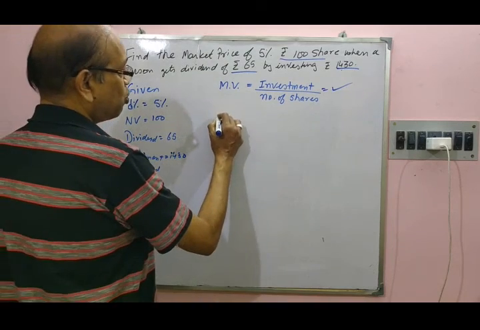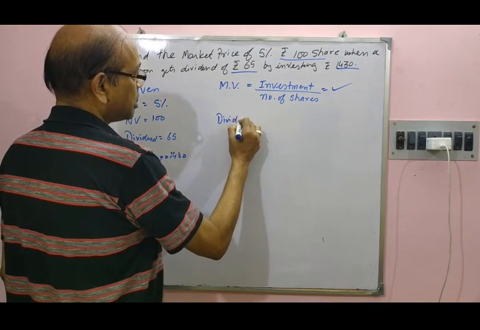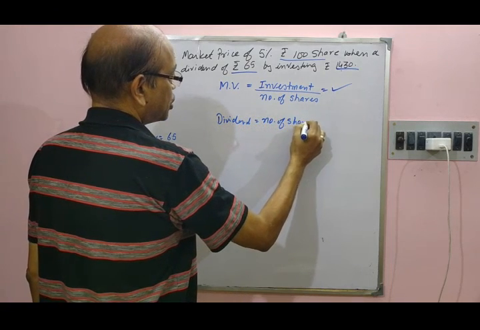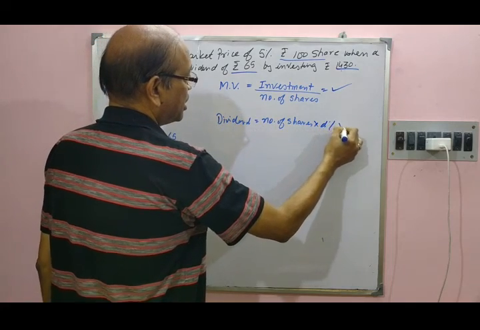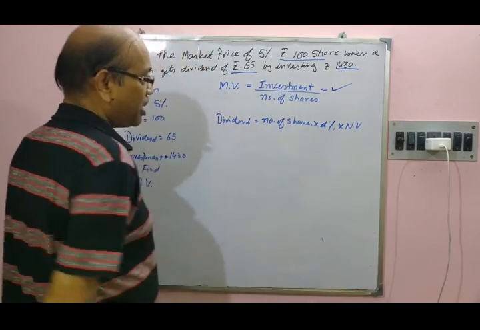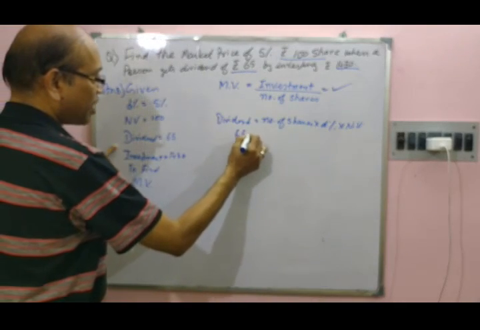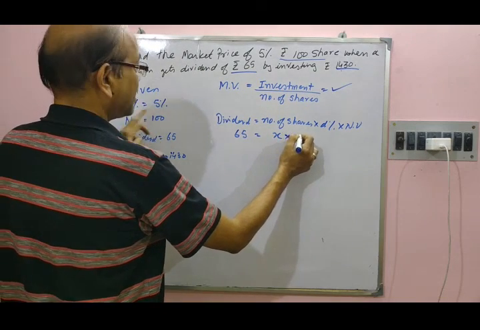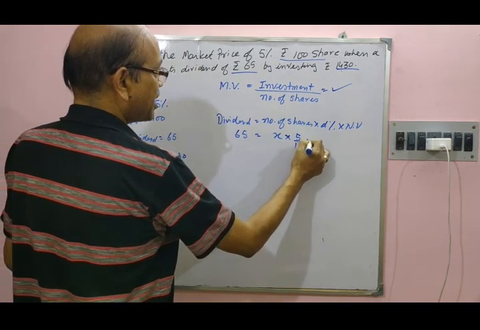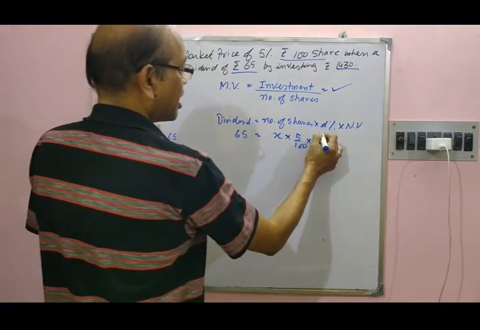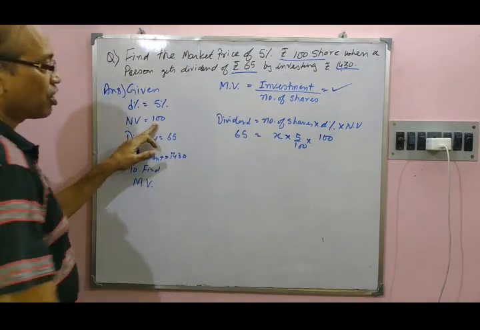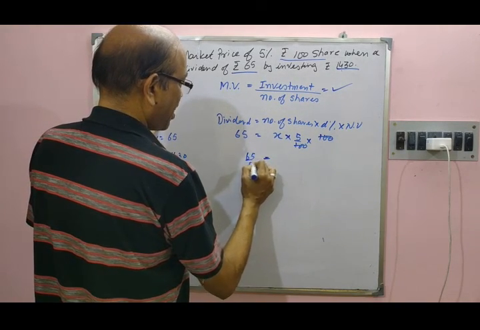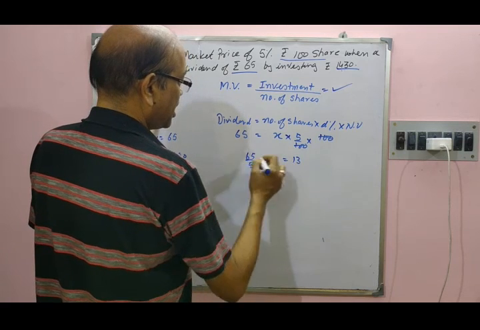I can find out the number of shares from the dividend. We know dividend is equal to number of shares into D% into nominal value of the share. Dividend is 65. Number of shares, let it be X, then D%, 5 by 100, into nominal value 100. Or 65 by 5 is equal to X, which is equal to 13.